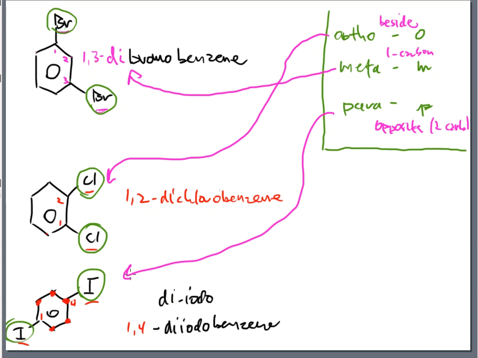Now, as an undergrad, this was kind of tricky for me. I really enjoyed the IUPAC because that kind of made sense. I didn't have to remember anything. I just looked at the groups, I identified them, I named them, and I numbered them. I mean, that's really all that I had to do with IUPAC. And then they threw this crazy common stuff at me, and they expect me to keep the ortho, meta, and para separate?